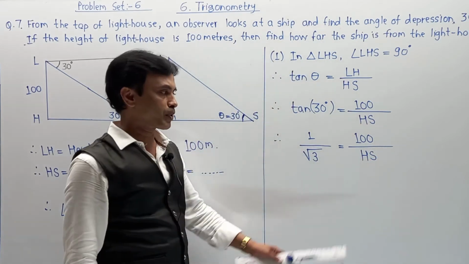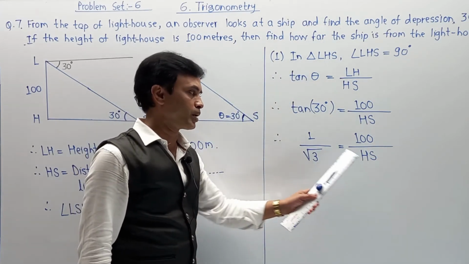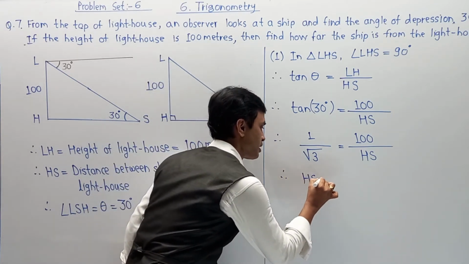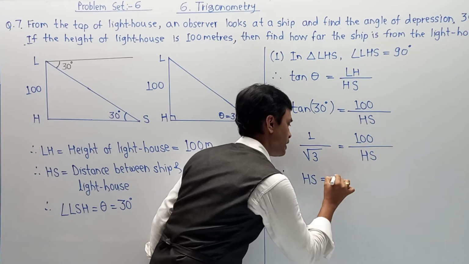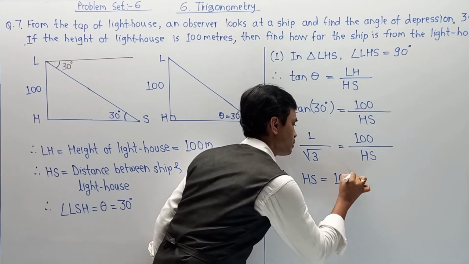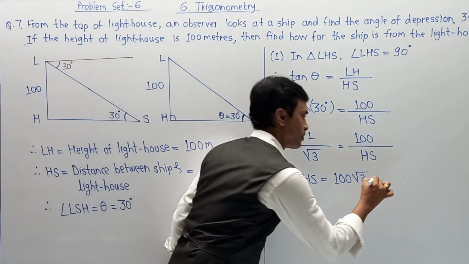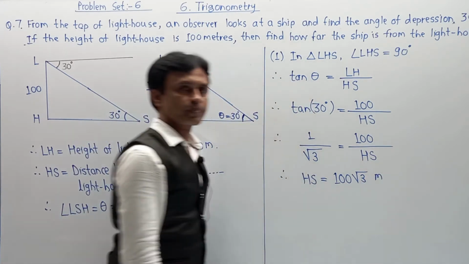Now simply perform a cross product. HS into 1 is HS, and root 3 into 100 is 100 root 3. And as all calculations are in meters, this calculation is also in meters.